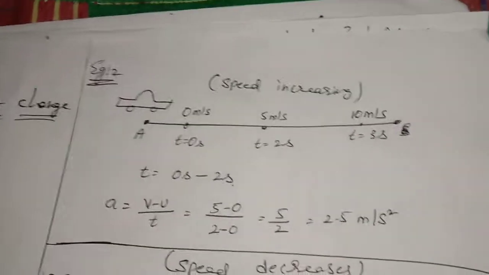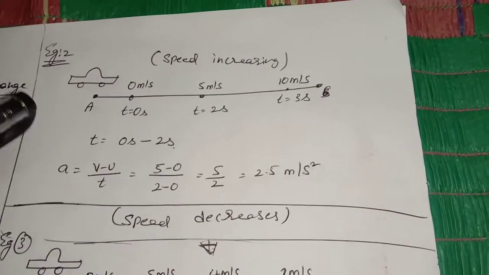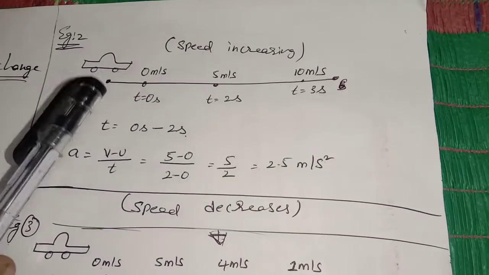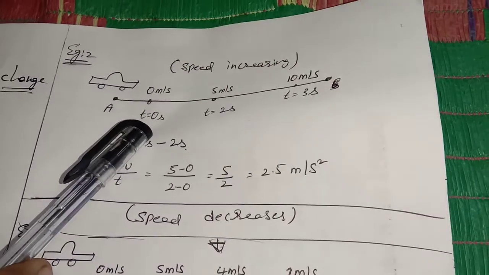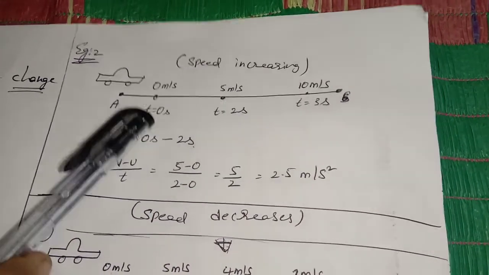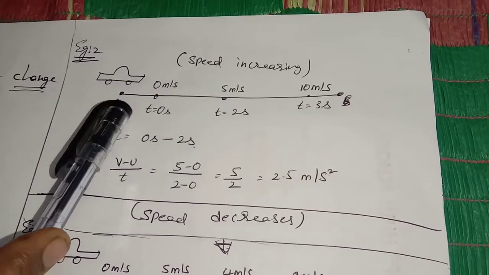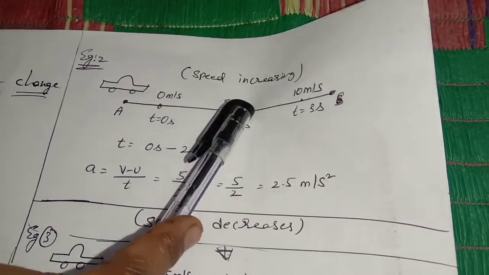Let me go with the example. See, here one car is there. It started at the initial point at time 0 seconds, with 0 meters per second. Then after 2 seconds, it is moving at 5 meters per second.